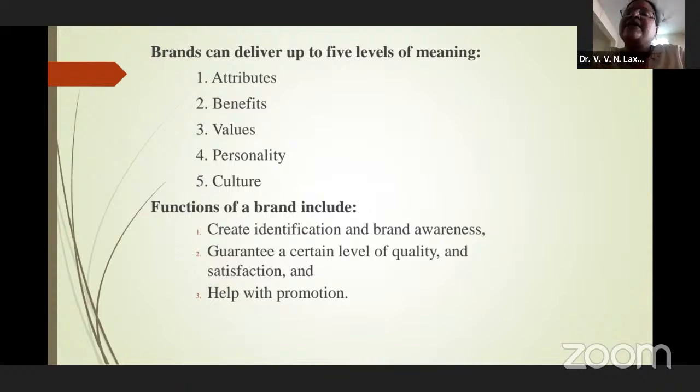As a lay customer, I am not aware of the technicalities, but the minute I get to know the name of the brand, that brand gives me belief, an explicit or implicit guarantee that the product will be good. At the same time, it gives me a guarantee of quality and the satisfaction I may get when I buy that particular product.